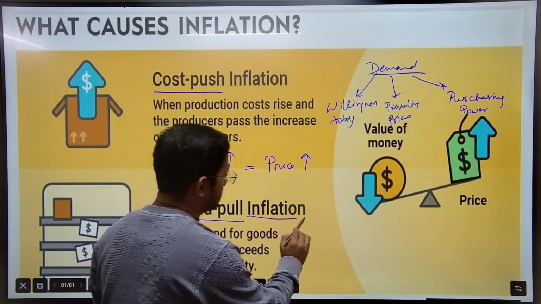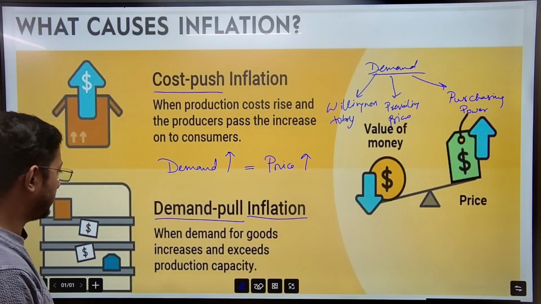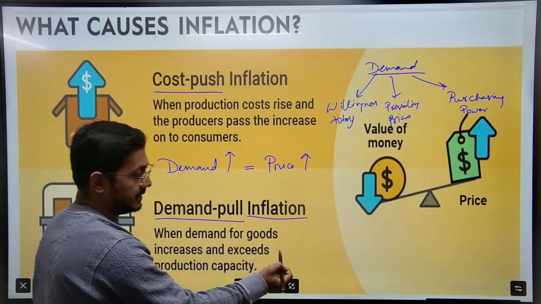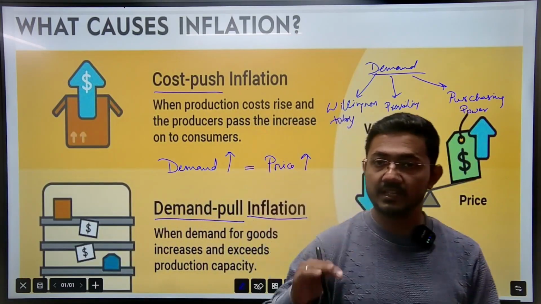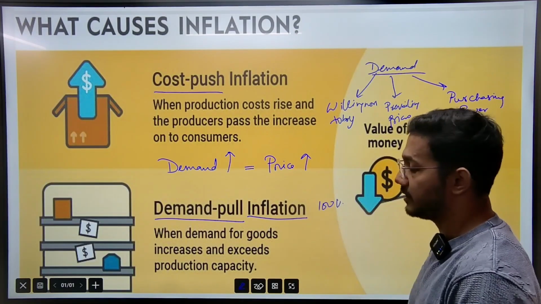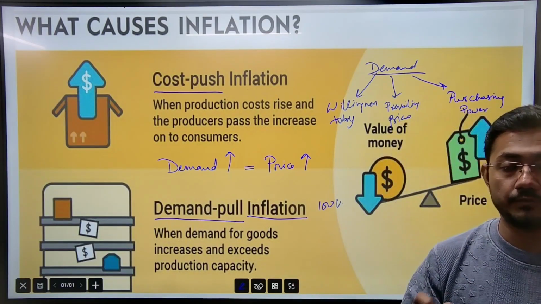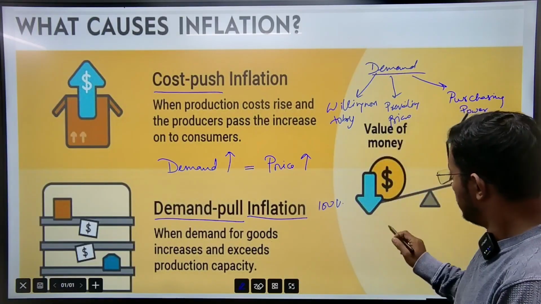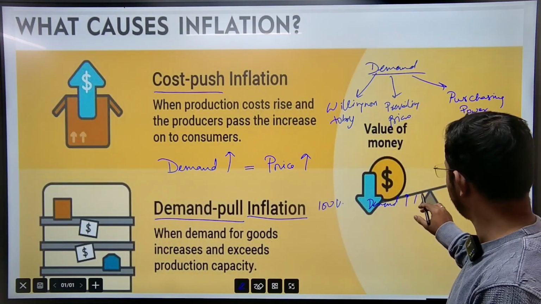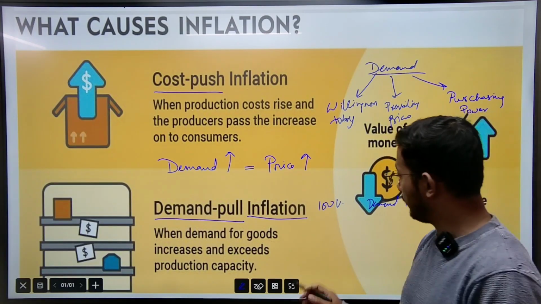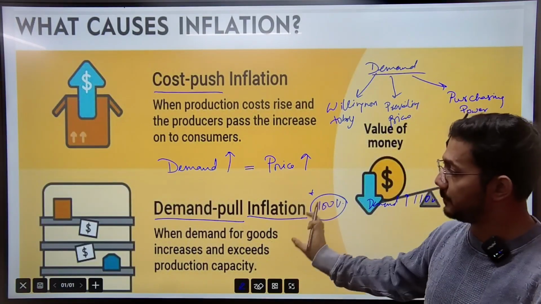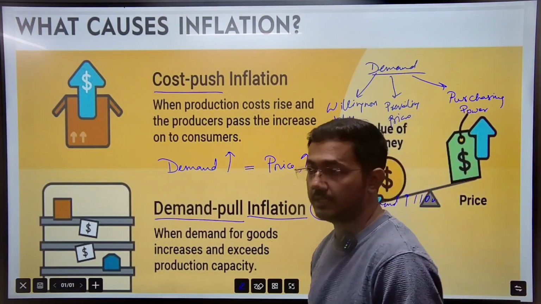That type of inflation is known as demand pull inflation, when demand for goods increases and exceeds production capacity. Suppose the production capacity is 100 units. Any product can only be produced up to 100 units for a particular period of time. And if the demand exceeds 100, say it becomes 110 units, then what will happen? The price of the 100 units will increase. That type of inflation is known as demand pull inflation.